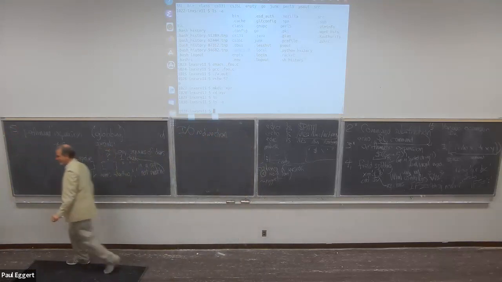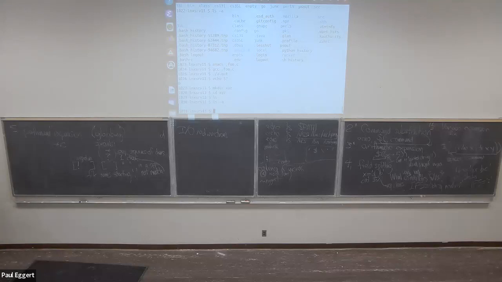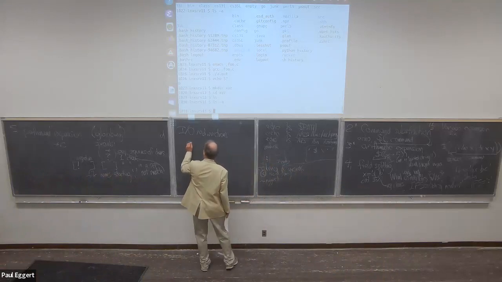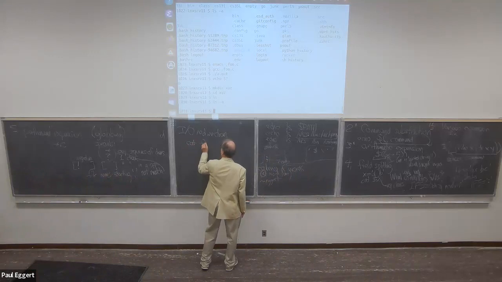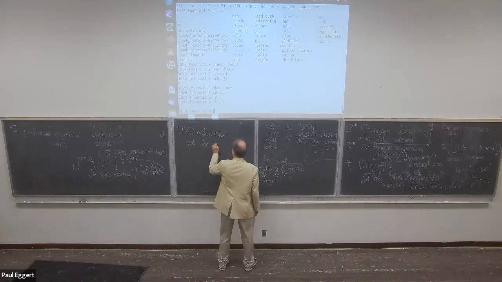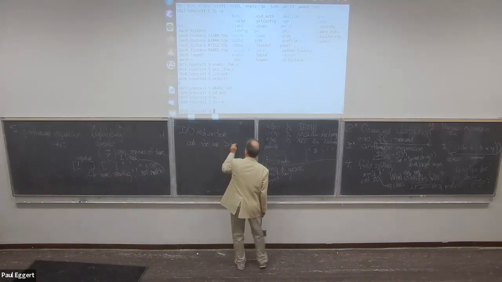The basic idea of I/O redirection is that some of the words in your command get treated not as arguments to be passed to the executable, but as directives to the shell as to what to do with output. A classic example is if you say something like cat foo bar > baz.